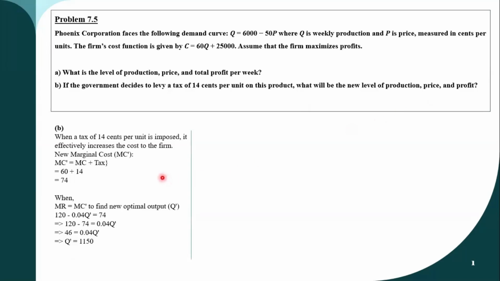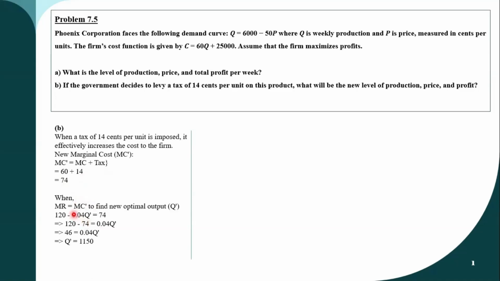When a tax of 14 cents per unit is imposed, it effectively increases the cost of the firm. So the new marginal cost is MC plus tax. We have already found the MC in the previous question by differentiating the cost function: the MC is 60. If we add 14 to 60, then the new marginal cost is 74.